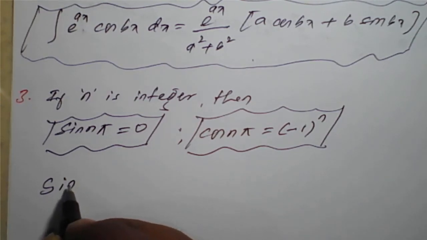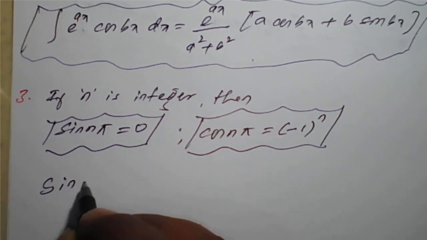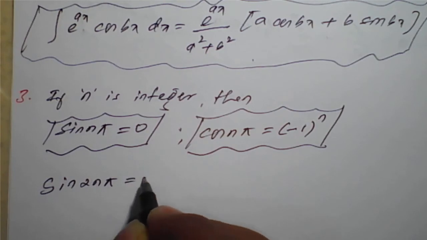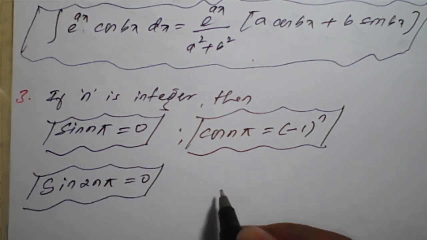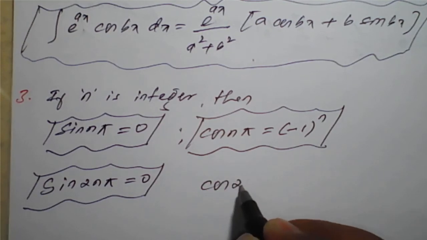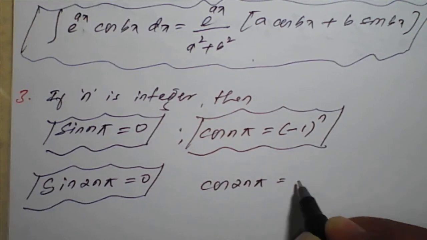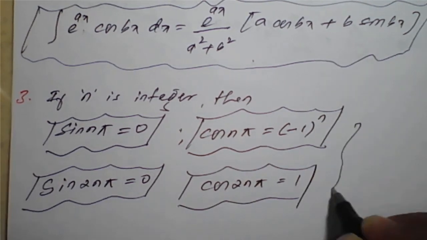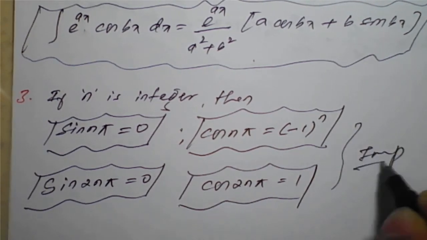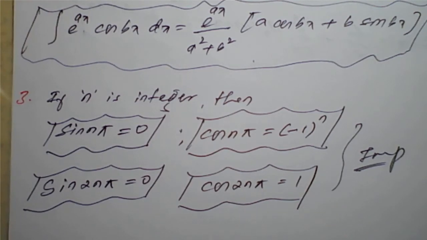Third result, sine of 2n pi is also 0 and cos of 2n pi will always be plus 1. So these are very important results for Fourier series.